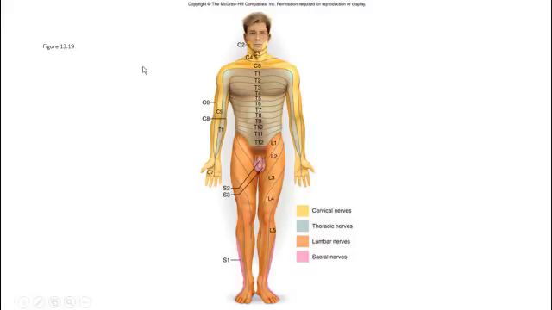So you can see here that in the trunk, let's take the trunk first. Basically, if you can picture, use your x-ray eyes, look through and see the spine and the vertebral column, and you can picture the dorsal and ventral rami coming out, and their sensory portions are going to wrap around and just innervate these segments of the trunk.